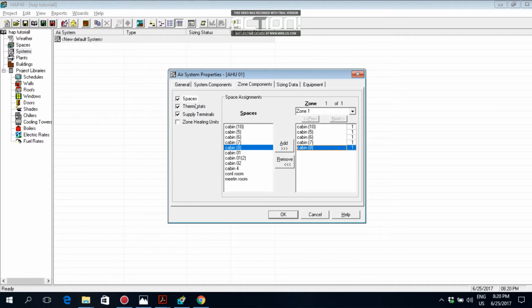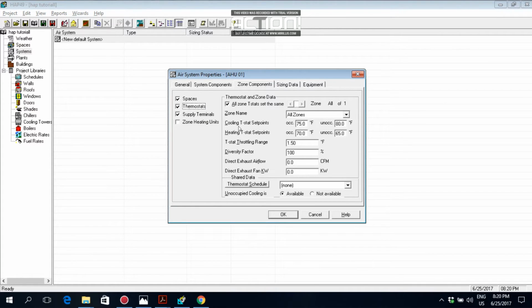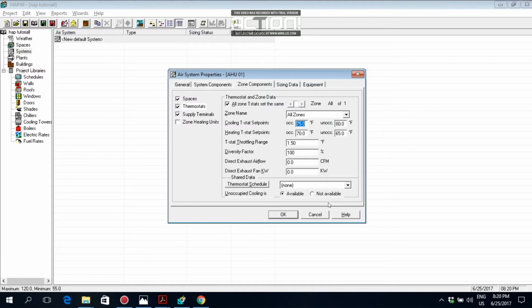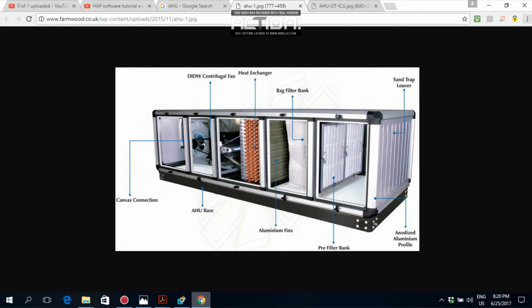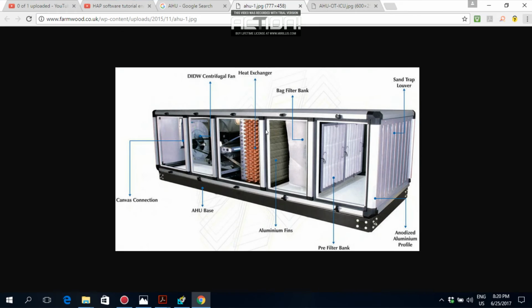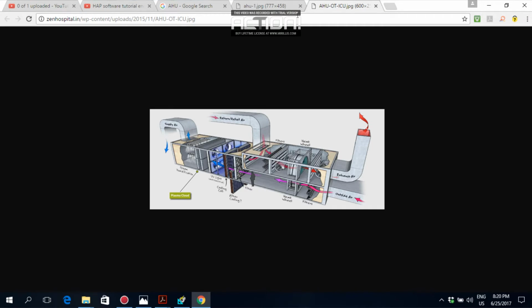Next, go to the thermostat option. Now whatever temperature you want inside the room, this is where you enter it. For example, in the office example we are considering in these spaces, the general standard temperature is 21 degrees centigrade, which is around 71-72 Fahrenheit. If you convert 21 degrees centigrade into Fahrenheit, let's see, because here the units are Fahrenheit, we must make sure it is in Fahrenheit.